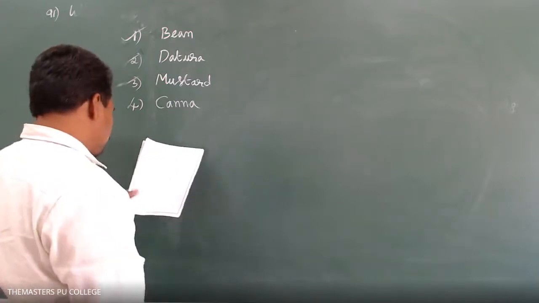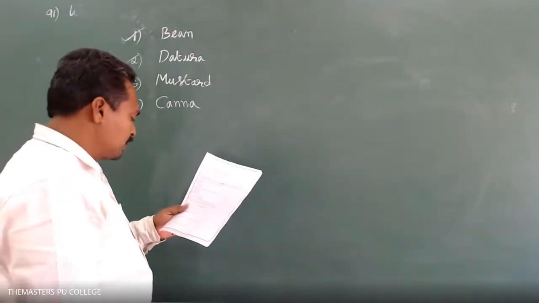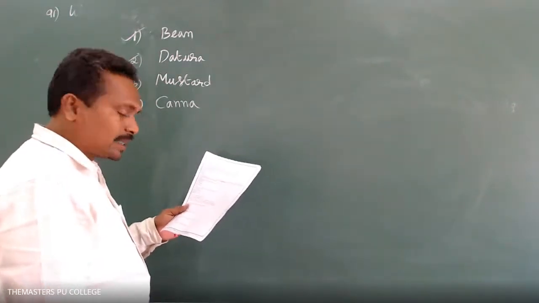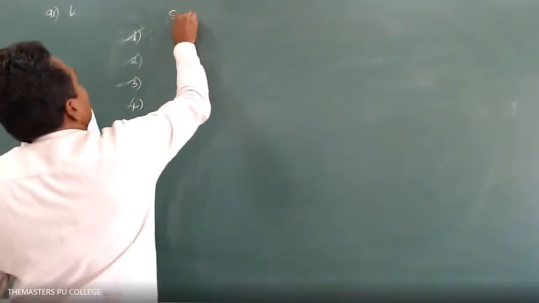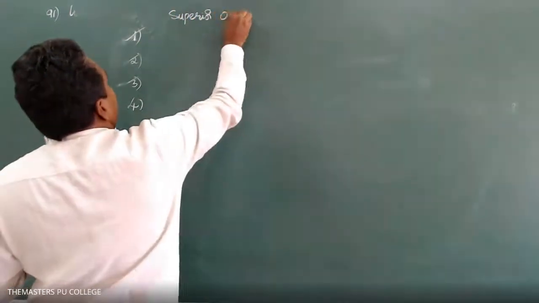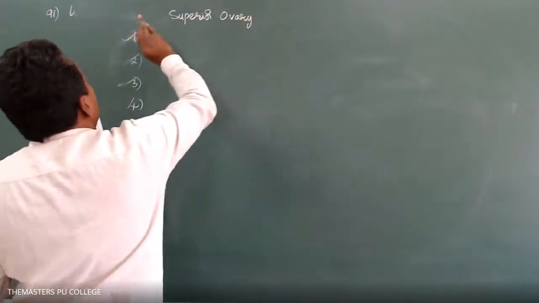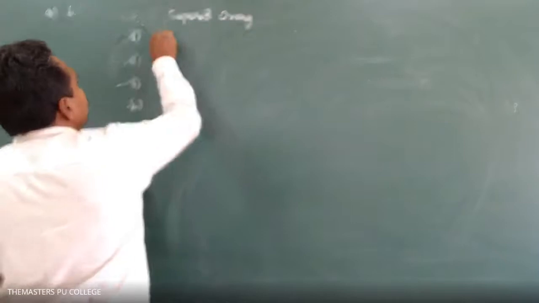Next question, question number 97. Which of the following plants has a superior ovary? What are the given options? Option 1 is peach.